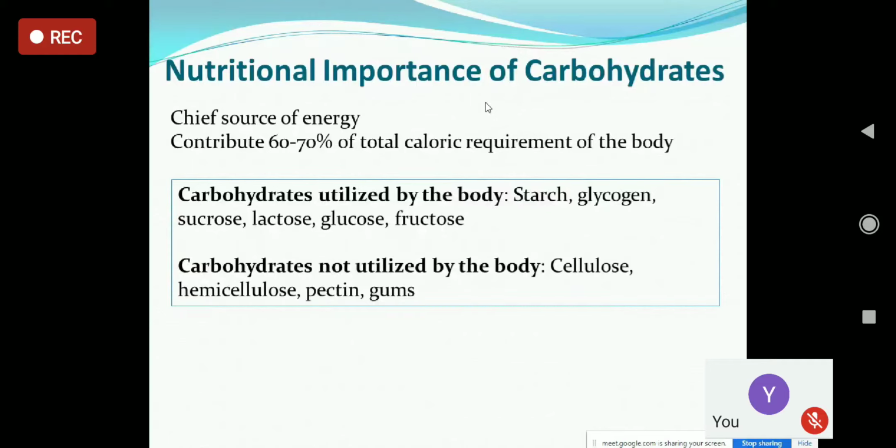So there are different functions of carbohydrates in the body. I want you to list out all the functions of carbohydrates. Take this as an assignment: list down the different functions of carbohydrates in the body.